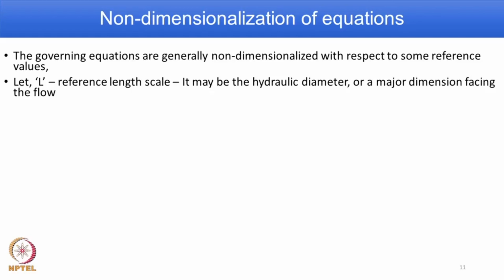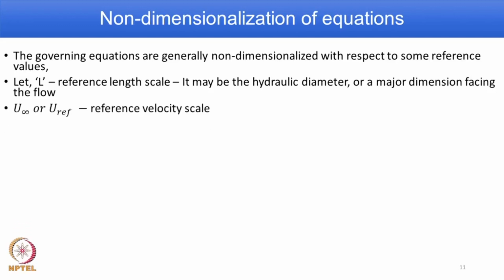If you consider flow through a rectangular cross section pipe, then the hydraulic diameter, which is defined as 4A by P, where A is the area and P is the perimeter, can be a length scale. If you consider flow over an aerofoil, the chord length can be a length scale. So one needs to identify which is the major influencing length scale in a problem. It may vary from problem to problem.